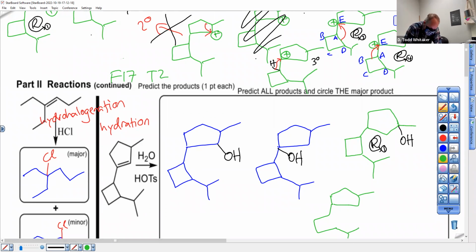And now labels say E, A, B, C. You tell me where the new bond is that you moved. 2 letters, please. New bond between who and who? Based on this arrow. A and E are already bonded, and I didn't do anything with the bond.